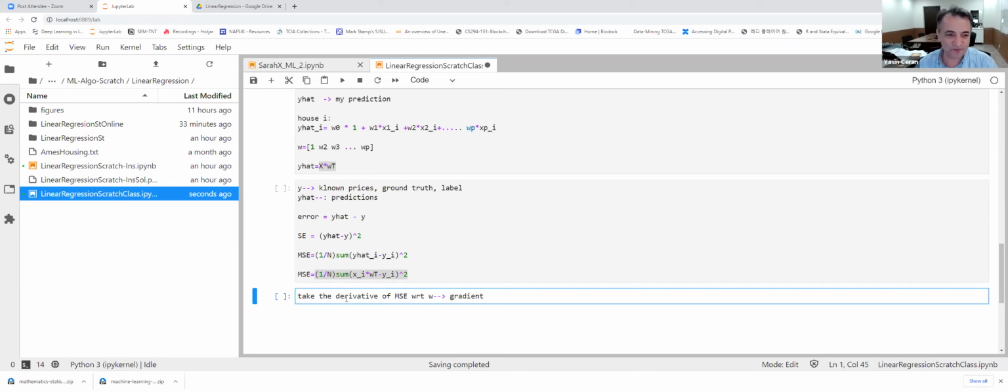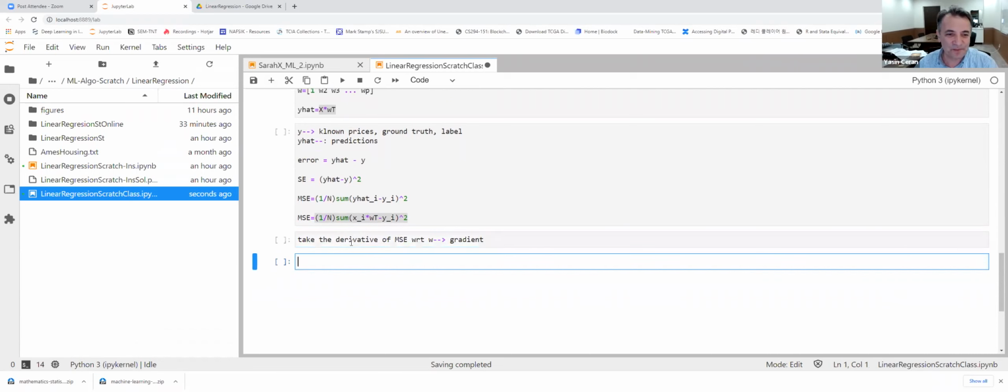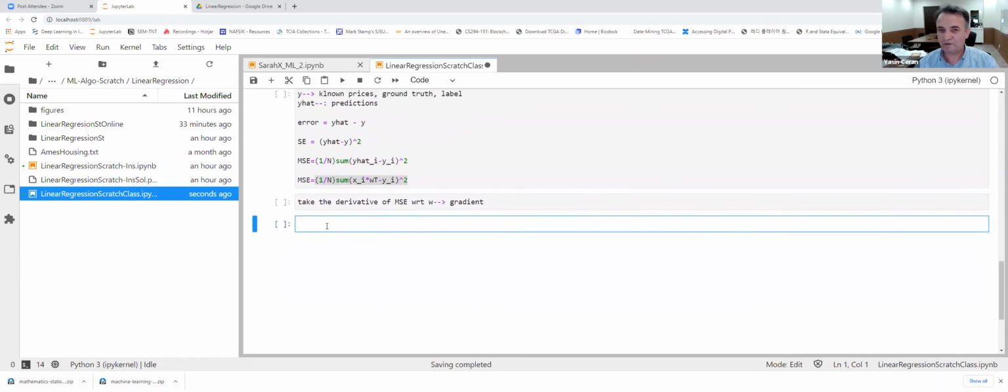If you think of your mean squared error as a curve, starting from some high value, then going down and reaching a minimum, and then going up again. Imagine your mean squared error is like this.